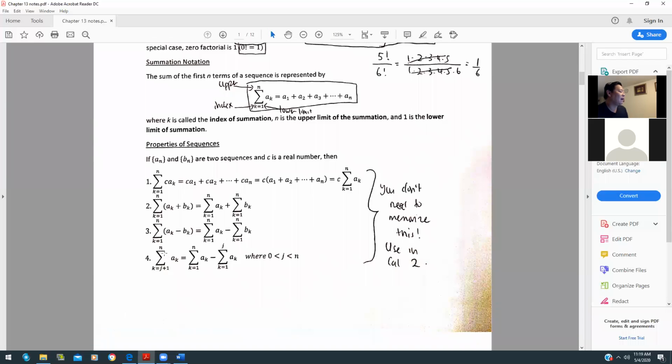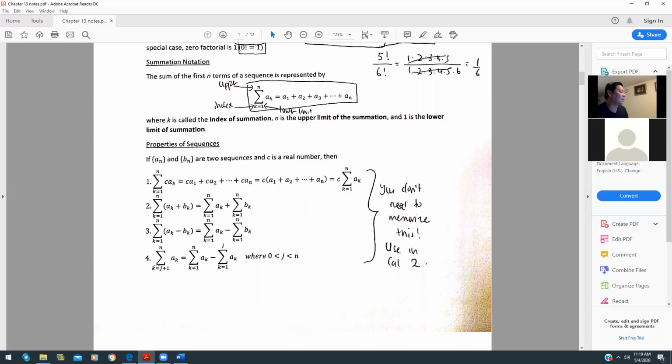And if you have j plus 1, let's say you want to add from 5 till 9. So what you do is you add from 1 till 9, and then you subtract 1 to 4, sorry.